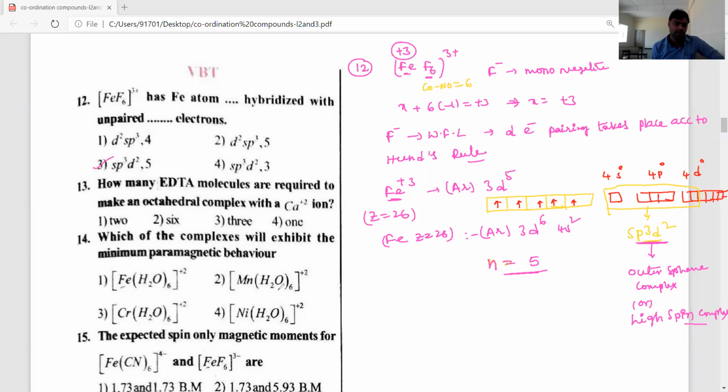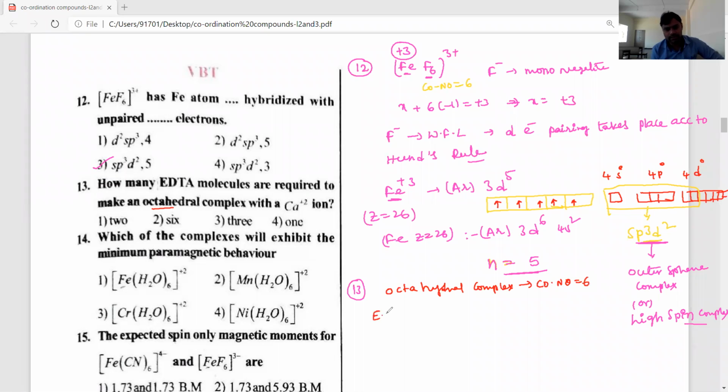Okay, students. This kind of question we discussed is also very important for the board exam. Let's see the 13th question. How many EDTA molecules are required to make an octahedral complex? Octahedral complex means coordination number is equal to 6.